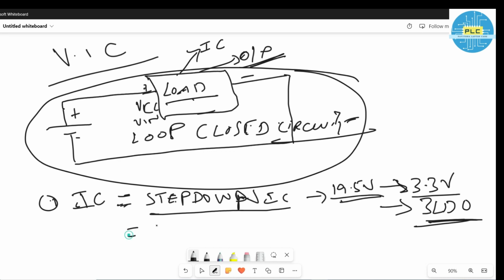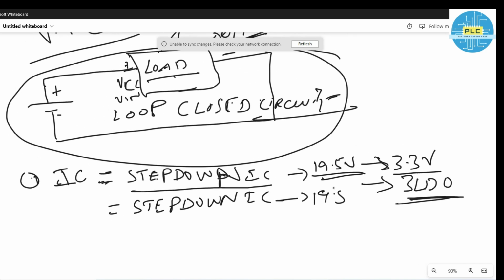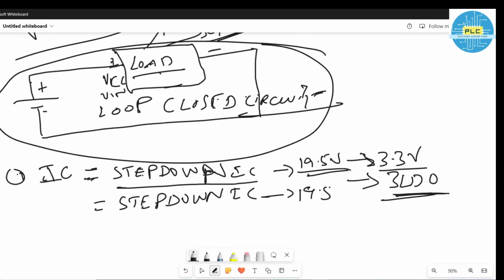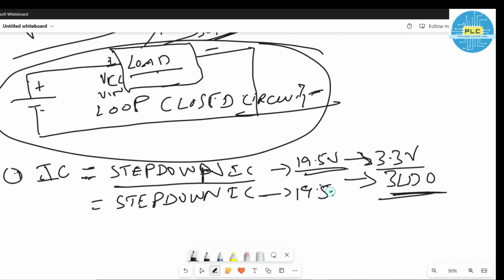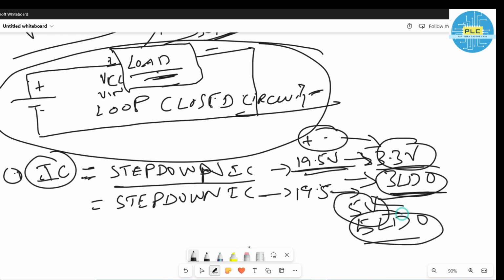One more step down IC reduces 19.5 volts and steps down to 5 volts, 5 volts LDO. Just assume one circuit: if this load is an IC, it accepts positive and negative, the loop completes, then it gives the appropriate output: 3.3, 3 volts LDO, 5 volts, 5 volts LDO.